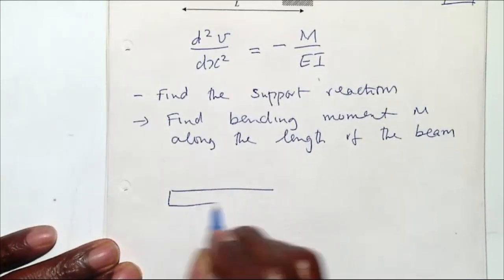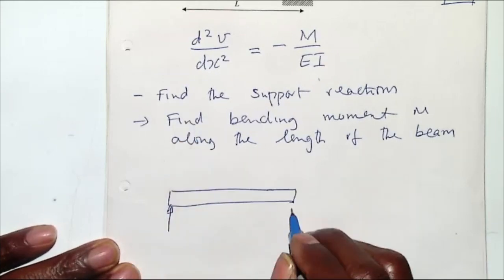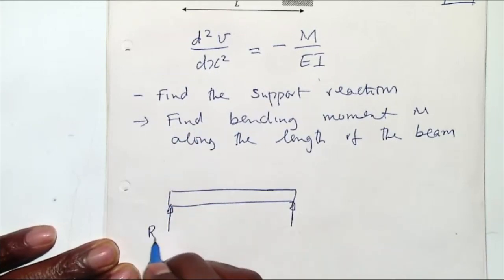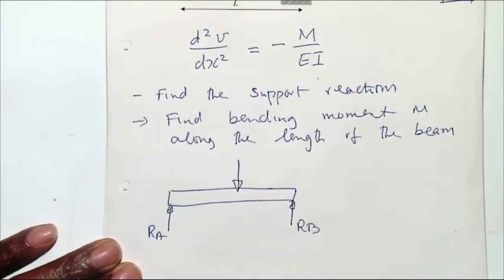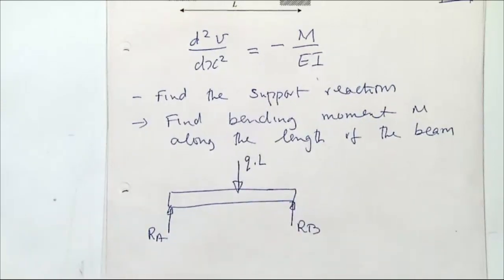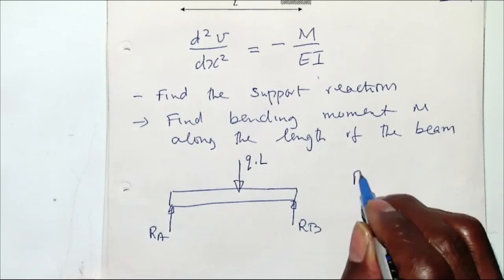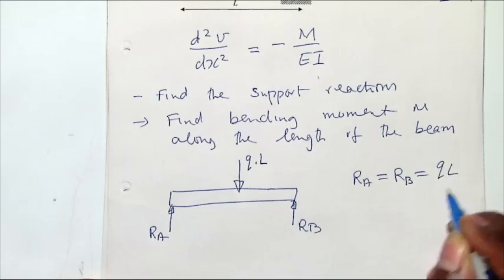To find the support reactions, we draw the free body diagram. We put reaction supports. Let's call that end A, and that is B. The net effect is to have a load at the center, which is q multiplied by L. If you apply the concept of equilibrium, which we've done a few times now, we can show that RA equals RB equals qL over 2.